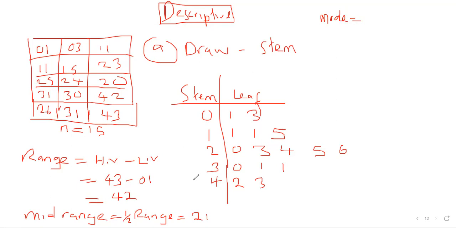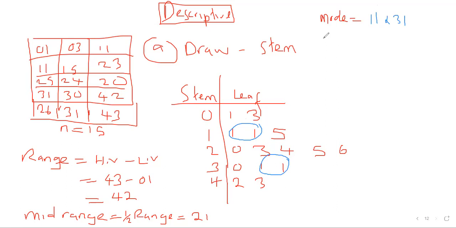The most frequent number. Which one is the most frequent number? 11. Do you agree with him? Yes, 11. And 31 also appears twice. All right.